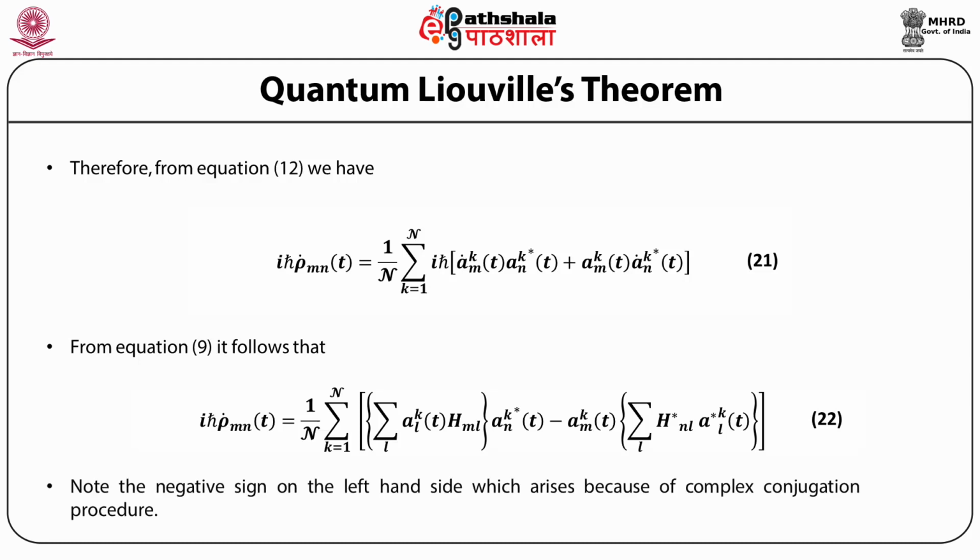Note the negative sign on the left hand side, which arises because of the complex conjugation procedure.